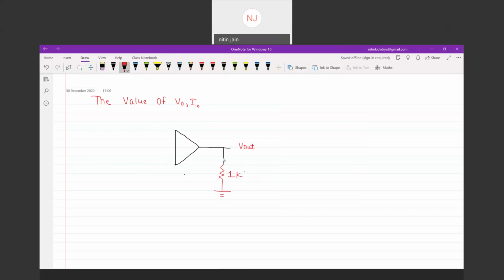This is V out. This is minus plus. And this is 1 kilo ohm resistance. This is 2 kilo ohm, connected to ground. And the non-inverting source has a value of 3 volt.